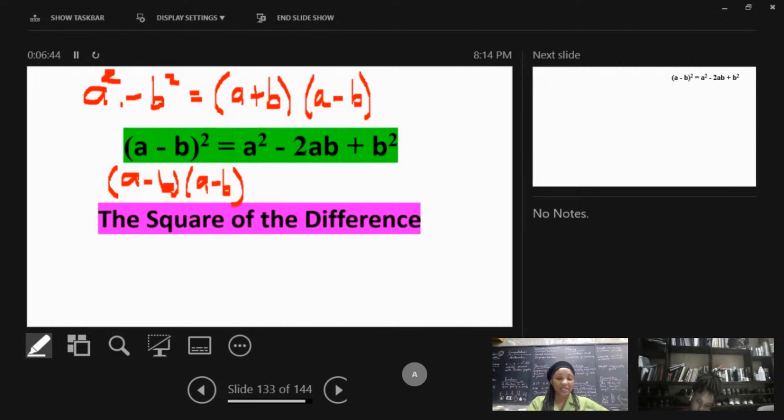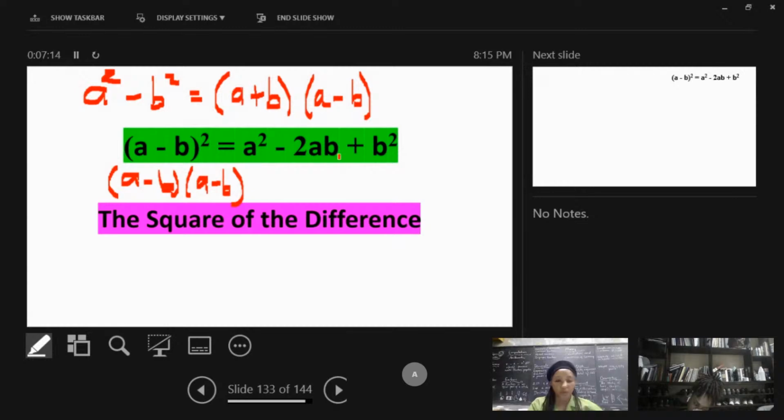So this is the difference of the squares: one square number minus another square number, and it's factorized to give the square root of the first term plus the square root of the second term, times the square root of the first term minus the square root of the second term. The square of the difference is the same as saying whatever is in the bracket, you're multiplying it by itself.